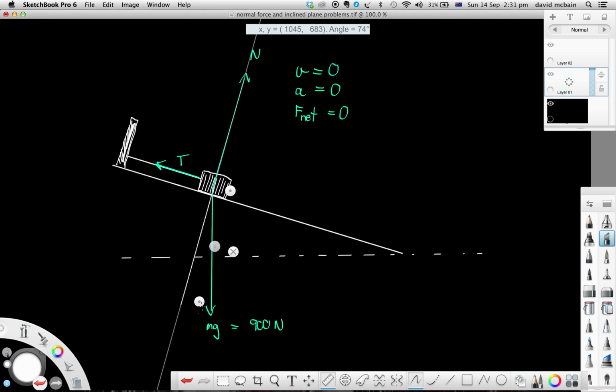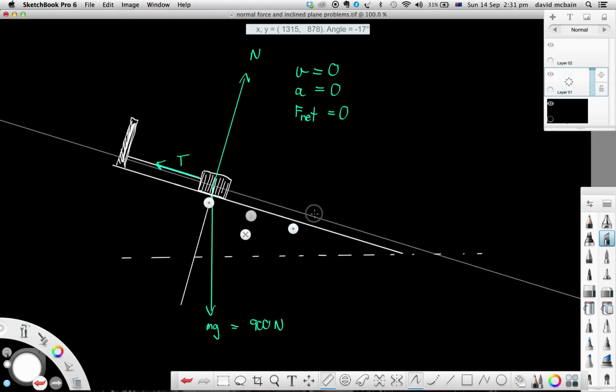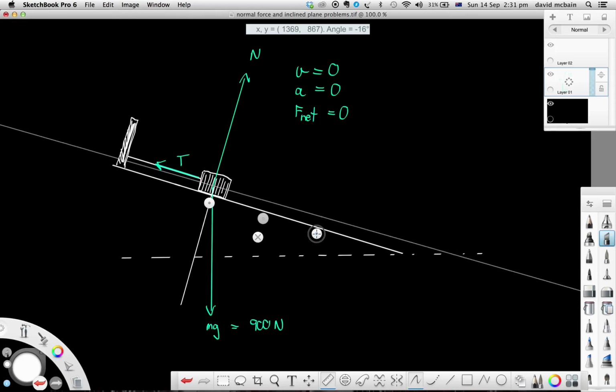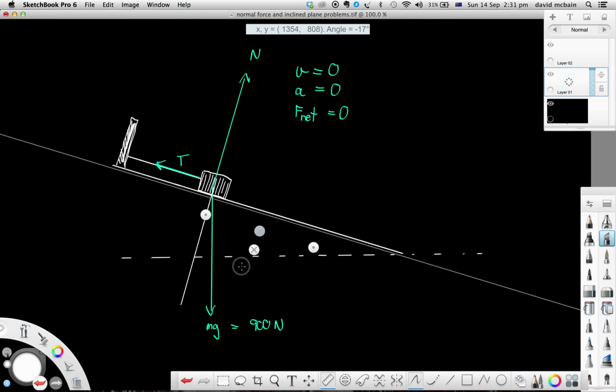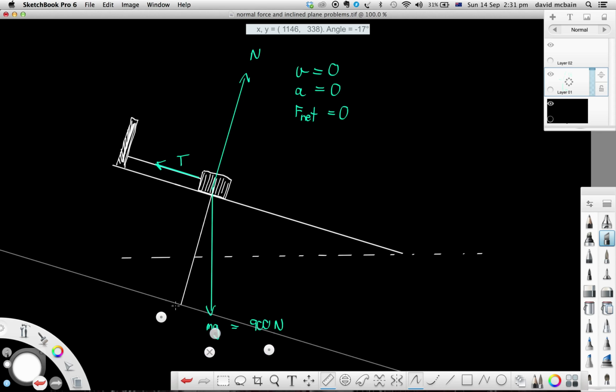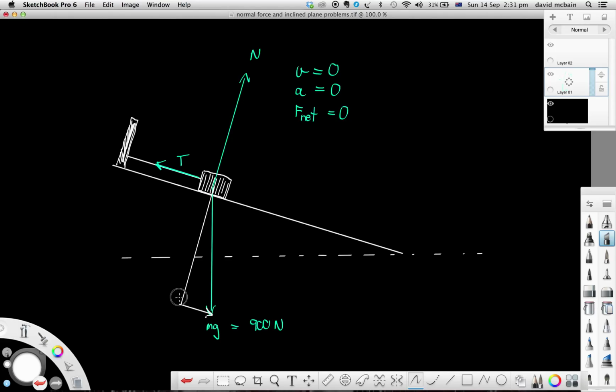It's that component and that component. And this is WY, what I call WY, and that's WX. And let's quickly work them out again.